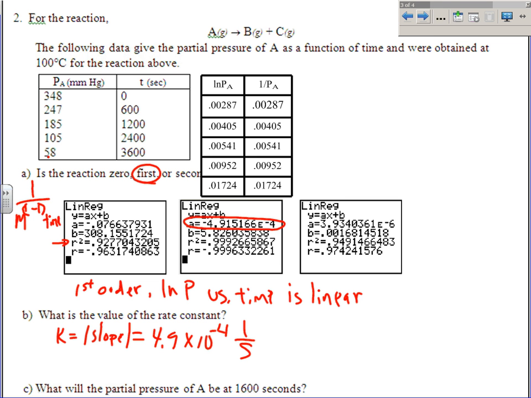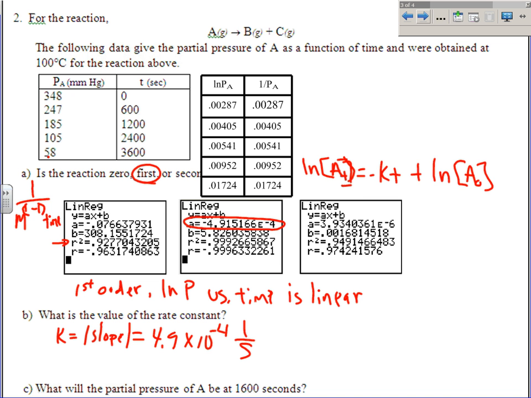Now, once we've got the rate constant, just like we talked about before, since we know it's first order, we know that the ln of the concentration at time t is going to equal negative kt plus the y-intercept, which would be the ln of A naught. And if we know everything but one unknown, we can calculate what the final is.